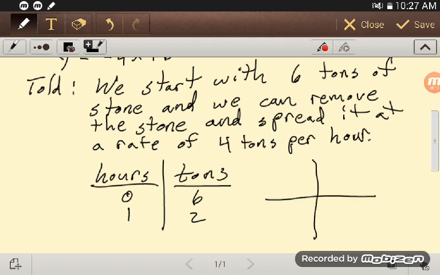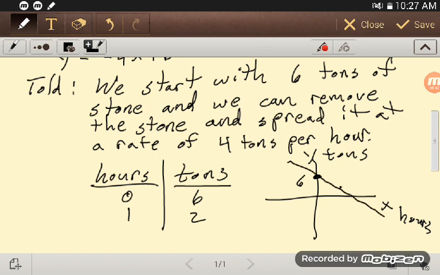But if we think about that, if this is X and this is Y, now this is hours, so actually I'd probably use a T, and this is tons of stone, so I might use an S, or I might still use a T. But this says we start here at 0, 6, and then we go down to 1, 2.